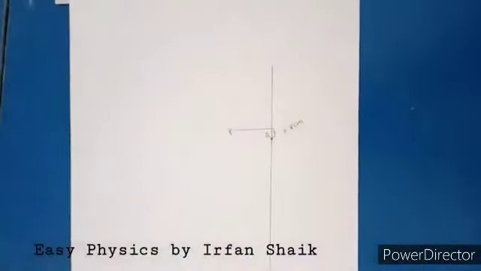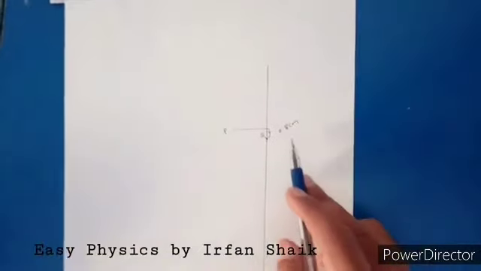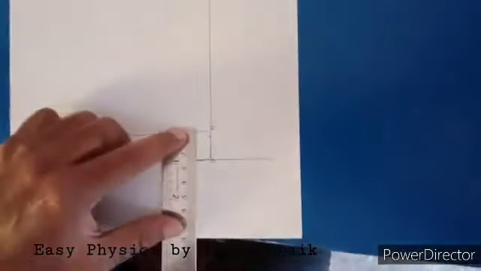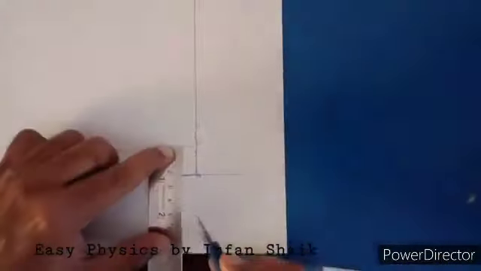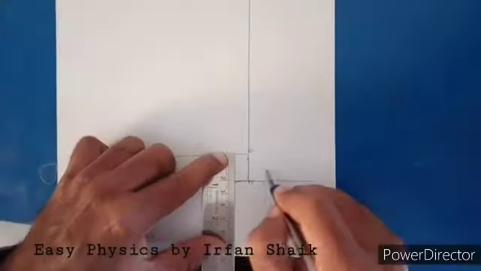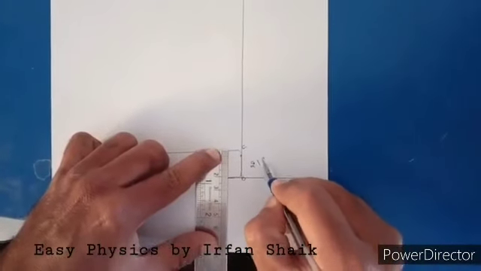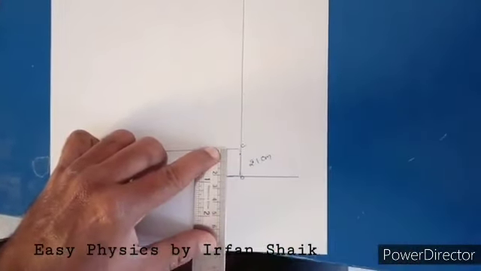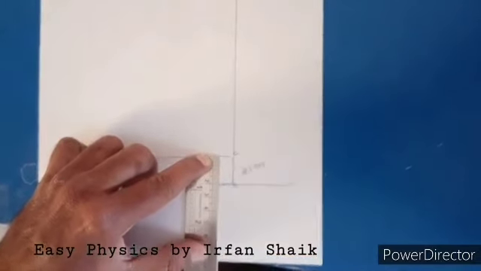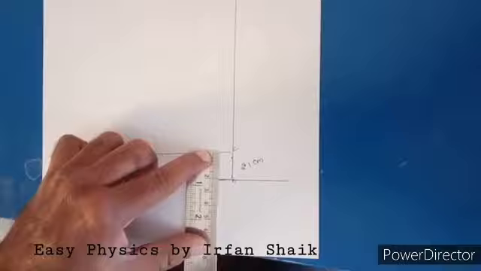So the vertical shift of this glass slab is 0.8 centimeters. Now let us measure the thickness of the slab. It is 2.1 centimeters. So the thickness of the glass slab is 2.1 centimeters.